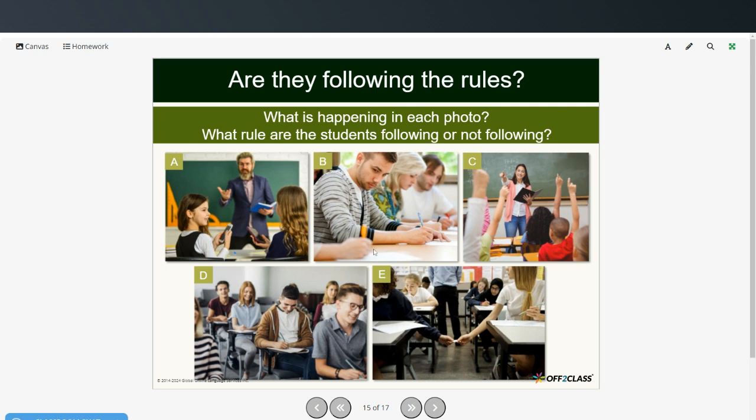He's copying from the other person's paper. These children, though, look like they are following the rules. They're raising their hands before they speak. And here, these students appear to be following the rules. They are sitting at their desks, taking notes, paying attention. But these two students are not following the rules because they are passing a note while the teacher's back is turned.